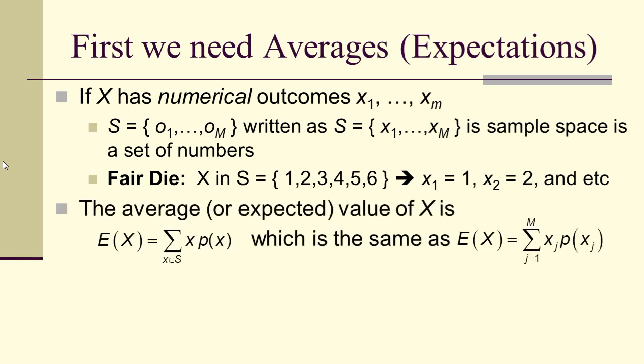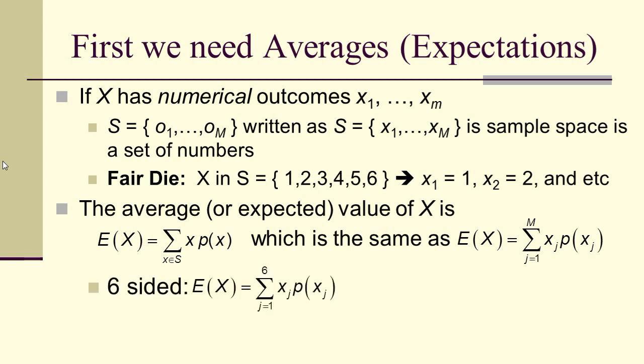The average is just the sum over the outcomes of X times the probability of X, or equivalently the sum, j equals 1 to capital M, of x sub j, P of x sub j.